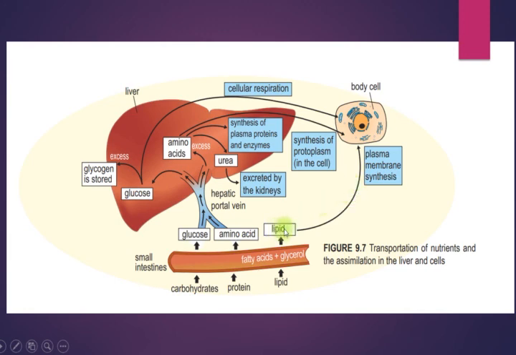Then they are distributed to the body cells. So lipids are used to build the plasma membrane. That is the summary of the assimilation of digested food in the liver and also in the cells.